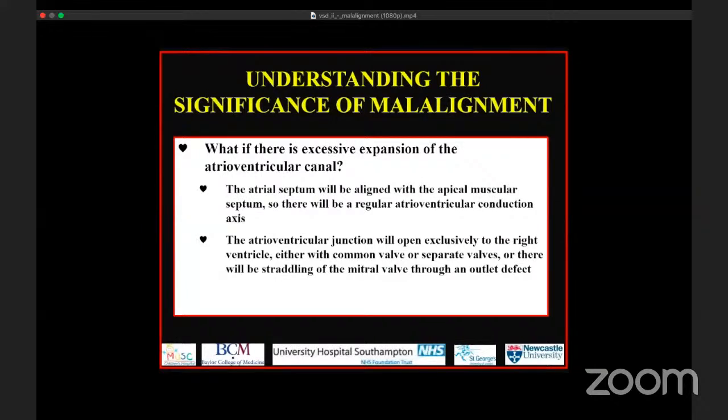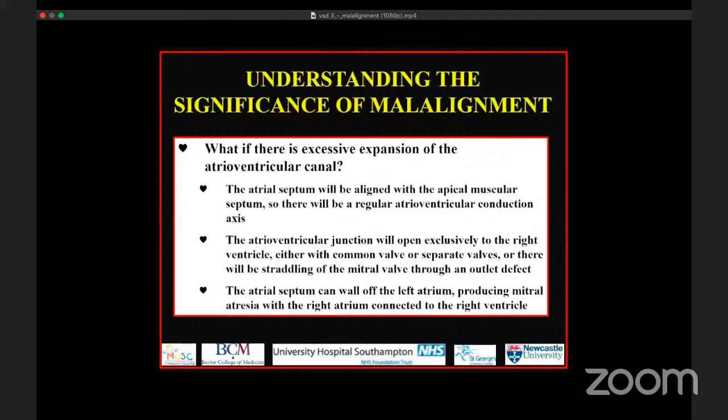But we're going to continue our theme, because this can be involved with a common atrioventricular valve, or with separate valves, or if the expansion does not quite go all the way, there can be straddling of the mitral valve through an outlet defect. And in extreme cases, the atrial septum can then wall off the left atrium, and that will give us mitral atresia.